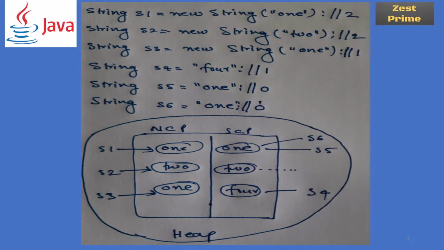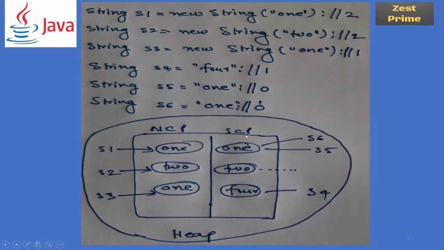This is the major difference between constant pool and non-constant pool object creation and their storage. If we use the new keyword, definitely one object will be created, minimum one, or possibly two. If you directly assign literals, then the number of objects created is one or none. In the none case, if it is already present, it won't recreate any object. If it is not there, it will create an object in the string constant pool.